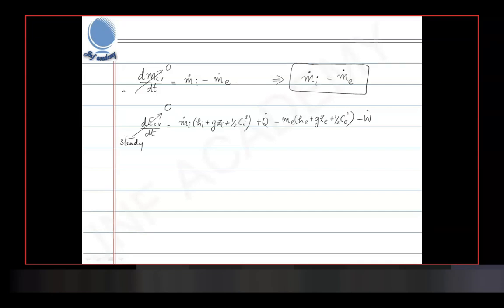So you can rearrange this equation as m dot I (hi plus gzi plus half ci square) plus q dot should be equal to m dot E (he plus gze plus half ce square) plus w dot.